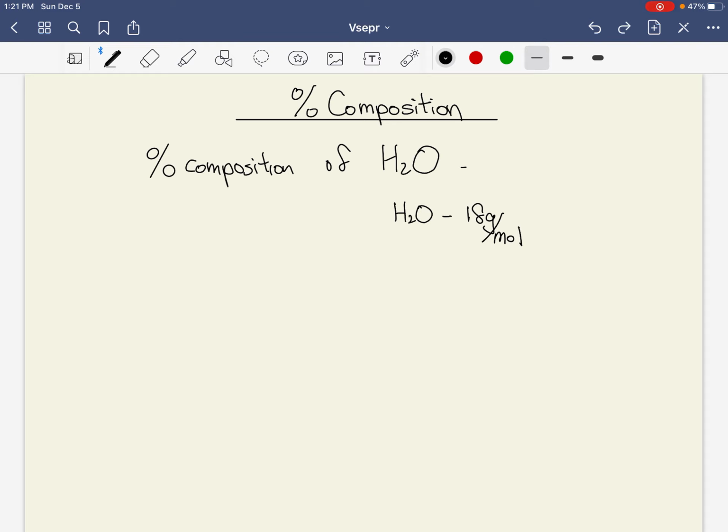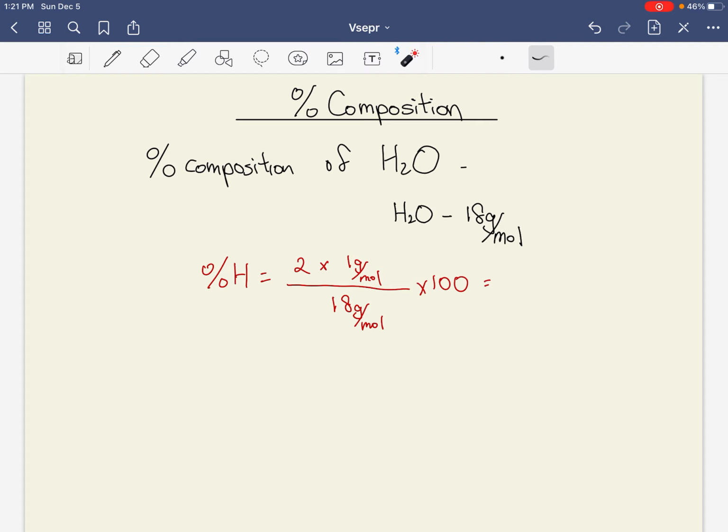All right, let's do this. For hydrogen, there are two hydrogens, and each hydrogen is 1 gram per mole. And then this whole thing, which is of course water, is 18 grams per mole, times 100, because we're looking at percentages.